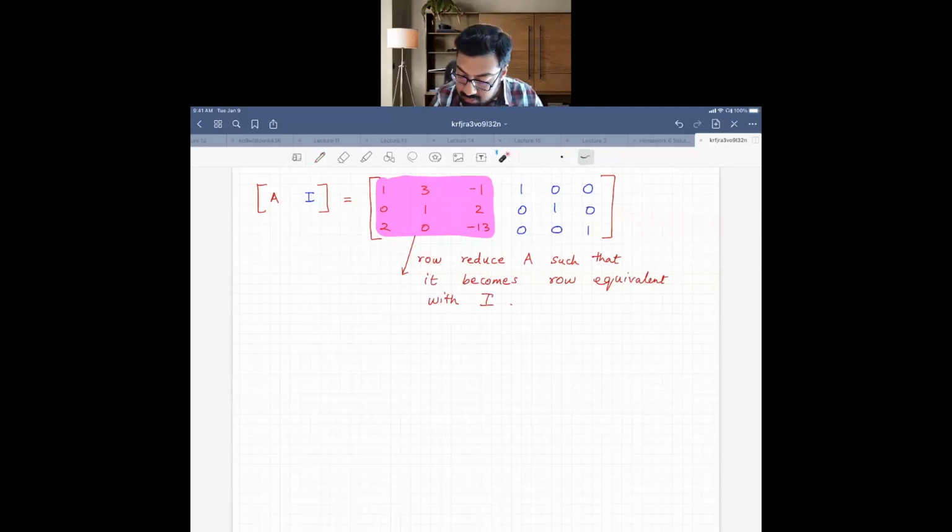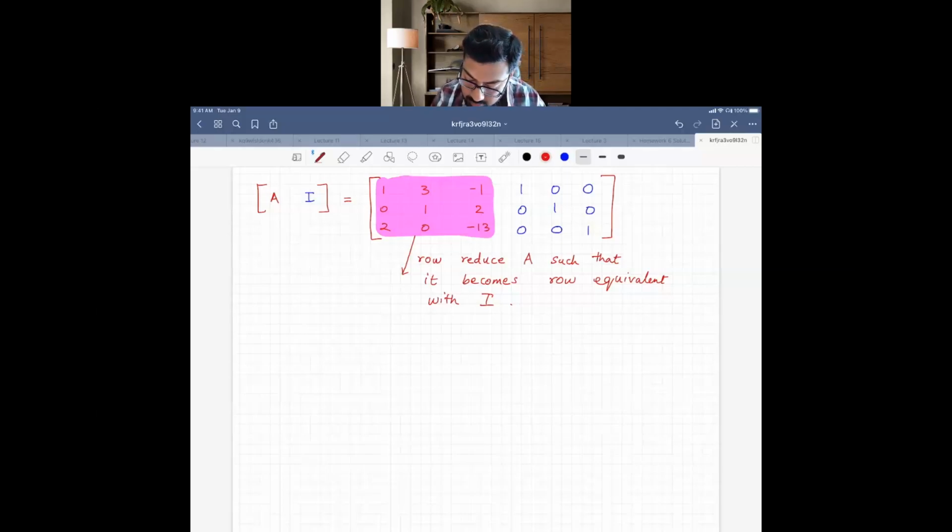So essentially I'm going to try to get this over here, right? And for that I would have had to make some row operations, and those row operations would have changed this, and that matrix on the right would be the inverse of A. So let me just try to do the row reductions over here. I formed the augmented matrix.